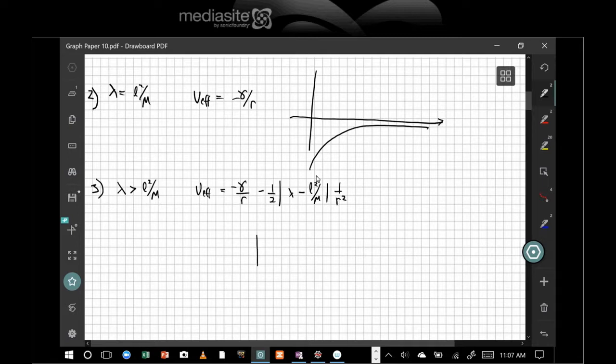And that guy, we sketch that potential out. We have 1 over r squared, minus 1 over r squared, and then we have minus 1 over r. It's just going to do something like that. Sorry, it doesn't cross, of course. It goes to 0. Again, I'm not going to get any bound orbits.